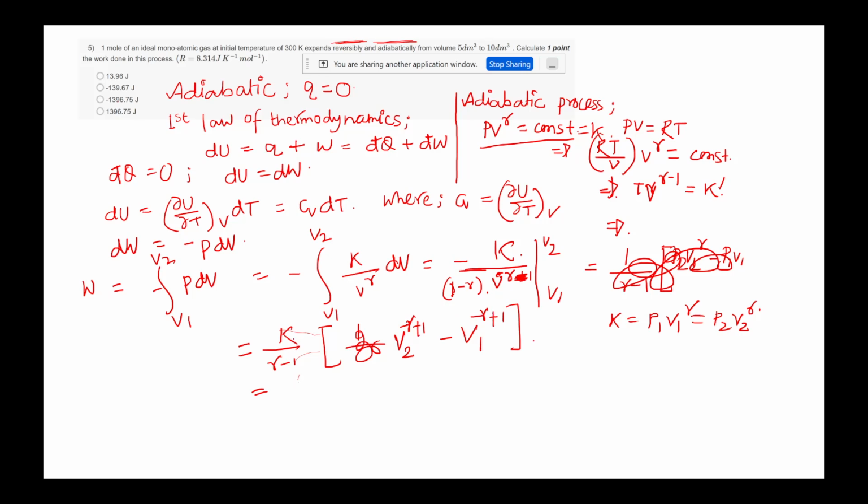For the first one, this is P2 V2^gamma times V2^(1 minus gamma), so there will be one V2 left.